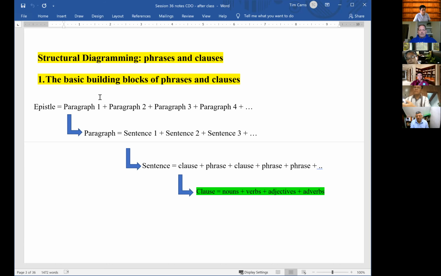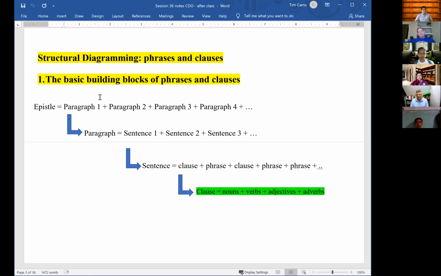He does that by putting together units of thought in the form of paragraphs. In epistles, it's instructional, it's didactic, and so each paragraph, each unit of thought, connects together to form the author's flow of thought.